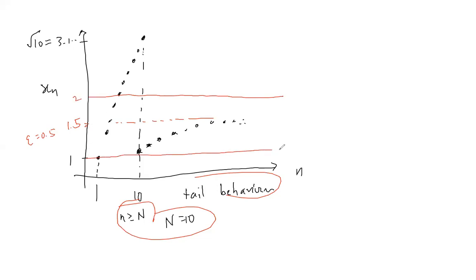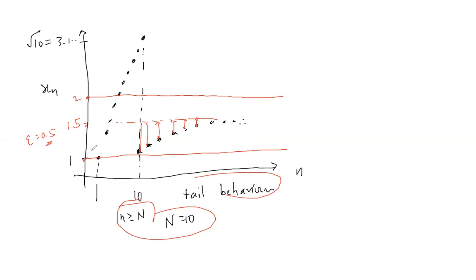For the tail part, they cannot deviate from the value they converge to by more than epsilon, 0.5. That's clear. So you know that the tail sequence is bounded above by 2 and bounded below by 1.